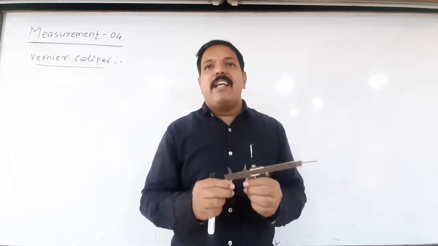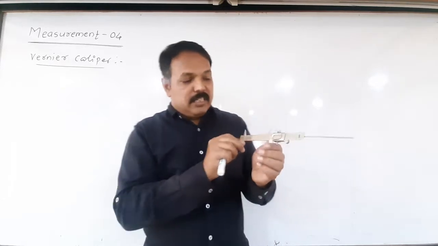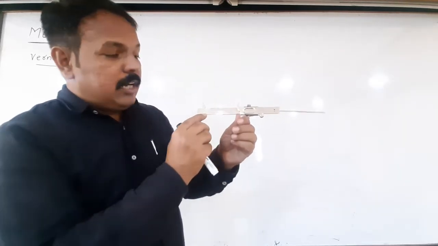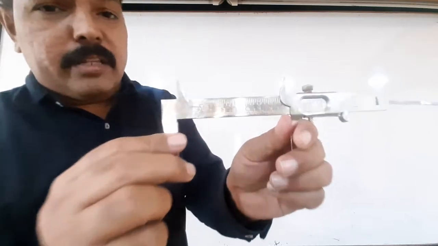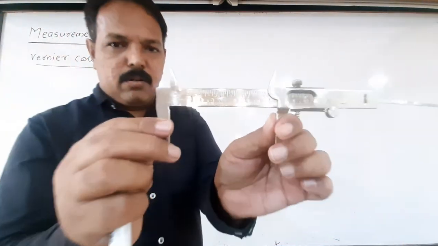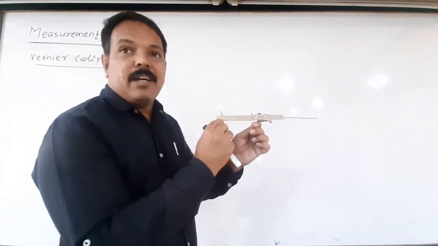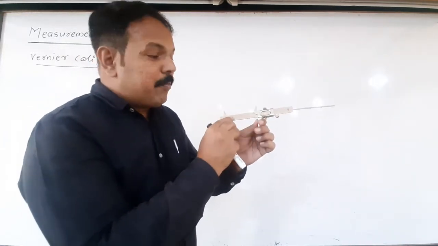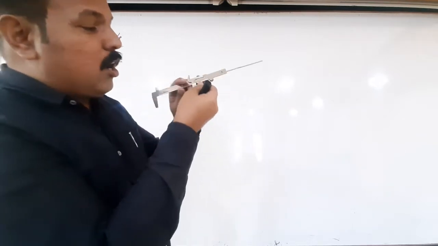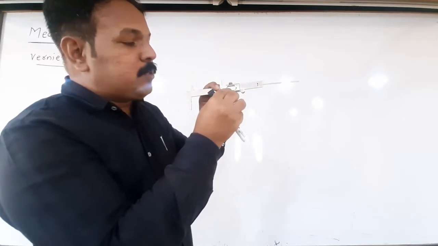At the same time, there are two different scales on the vernier caliper. As far as this fixed jaw is concerned, you can observe there is also a small scale. This is called the main scale. And on the movable jaw, there are very small lines, very small divisions.